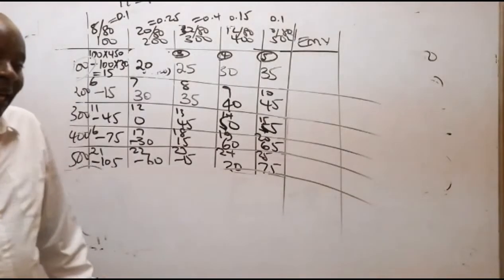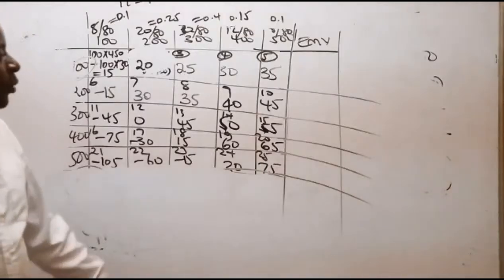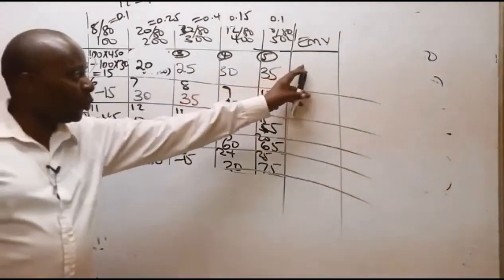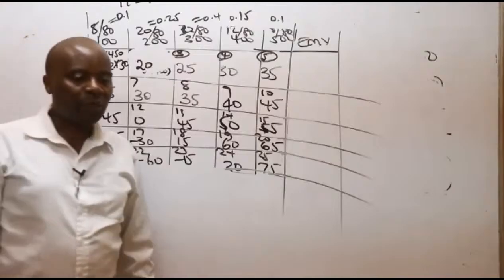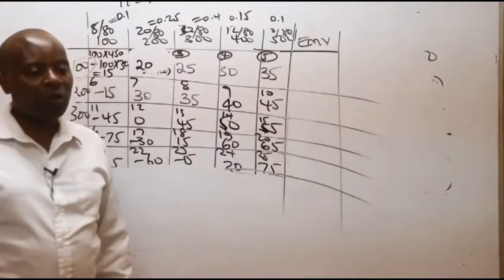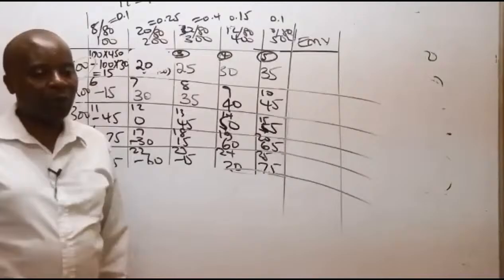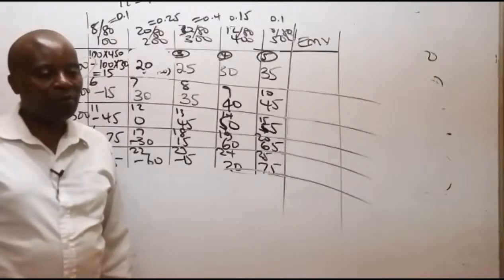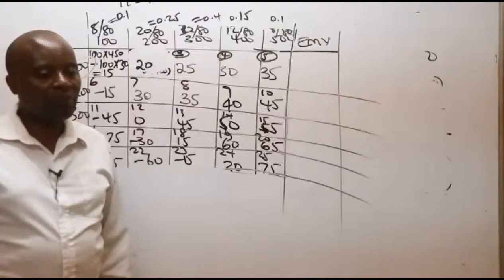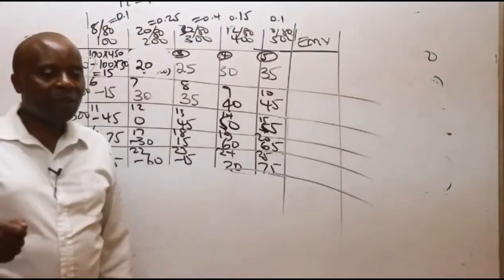So they haven't yet answered me. They haven't told me what they think I will do to be able to get expected monetary value. What I expected you to tell me is that we multiply.